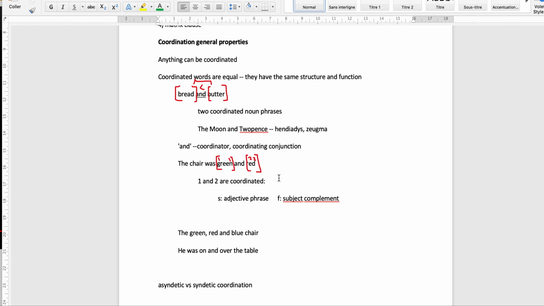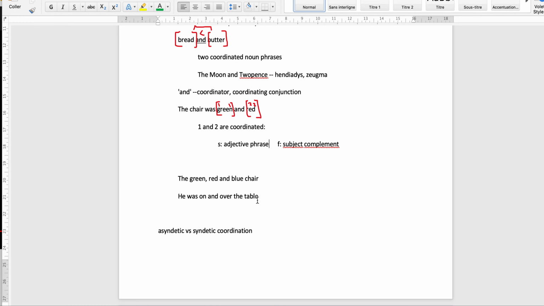We could coordinate 5, and we would label them 1, 2, 3, 4, and 5 are coordinated, and then we just say adjective phrase, subject complement. We wouldn't have to repeat this 5 times. So it can make your life a little bit easier, and the fact that they're coordinated allows you to assign the same structure and function to both of them. Okay.